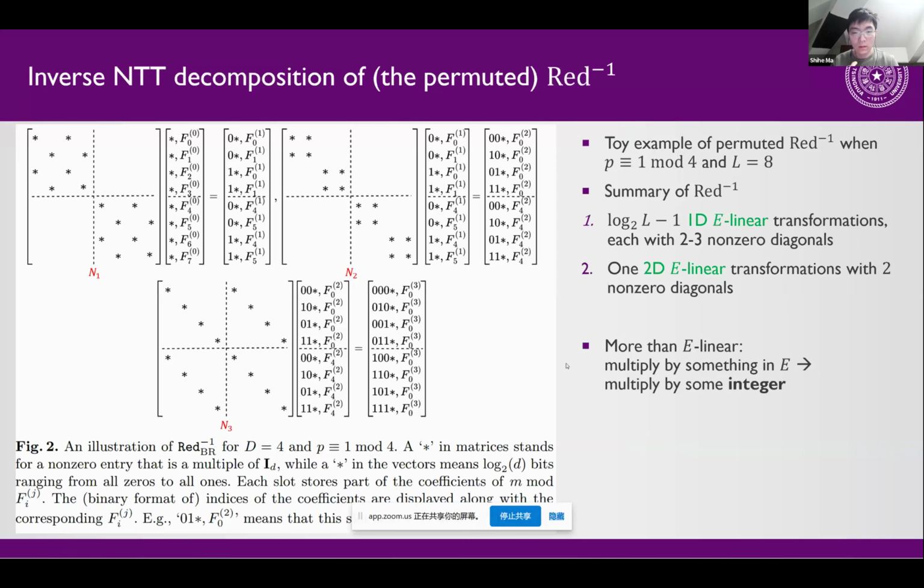And the last one is a two-dimensional E-linear transformation with 2 non-zero diagonals. And in fact, these matrices are more than E-linear. Each entry of them not only corresponds to multiplication by something in E, but actually corresponds to multiplication by some integer. And we will use this property in an optimization later.